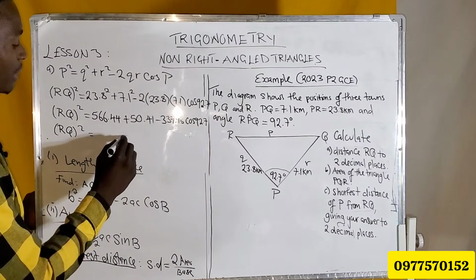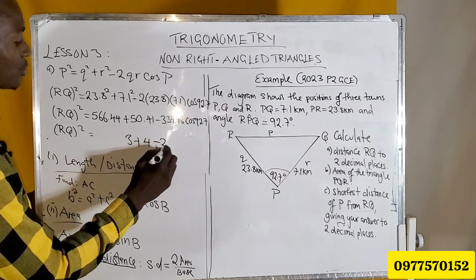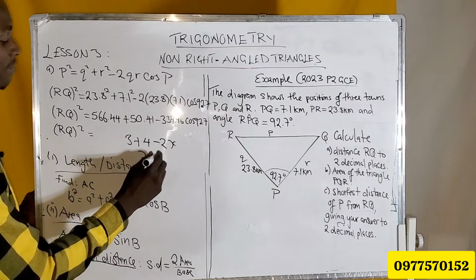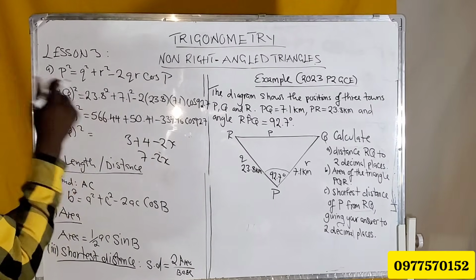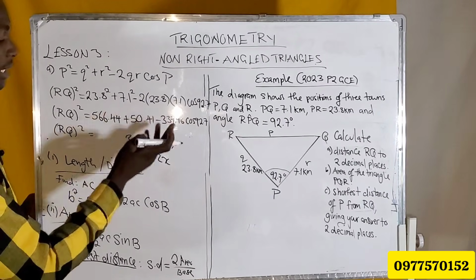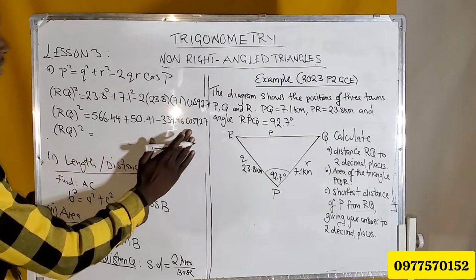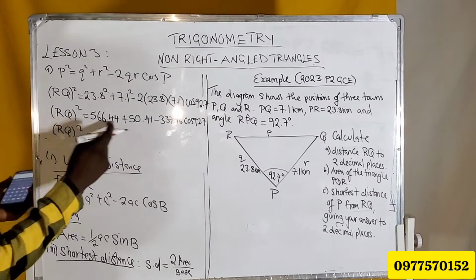So it's the same as you have 3 plus 4 minus 2x. So we can only add these 2 as 7 minus 2x. We can't do with this one because this is unlike term. The same as here. This one is attached to cos 92.7. So we're going to first add the 2.